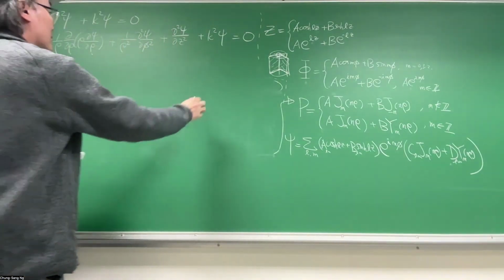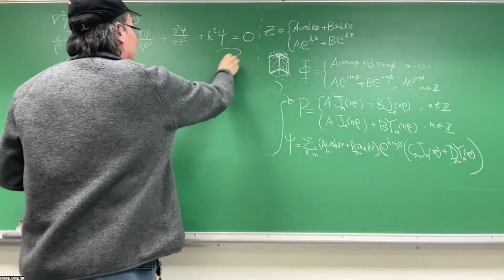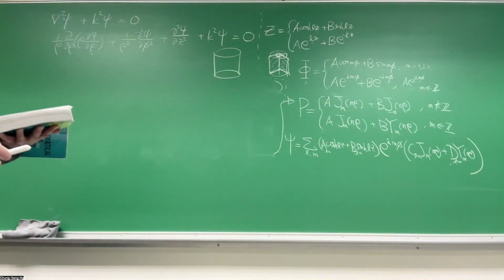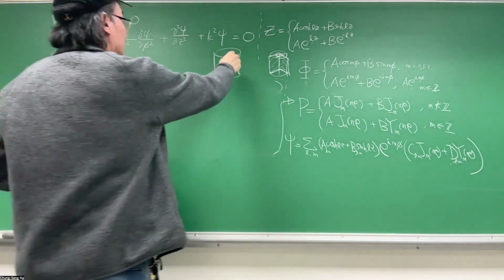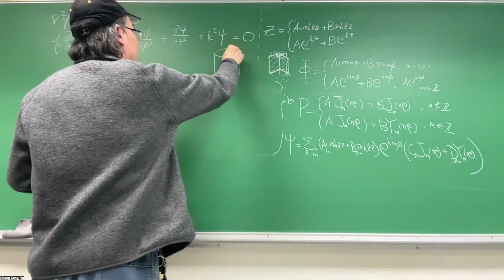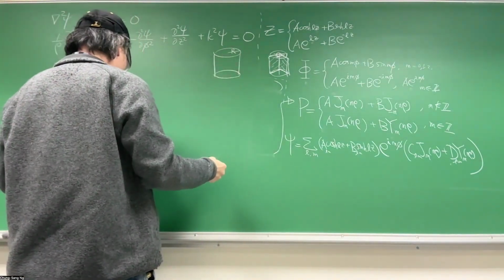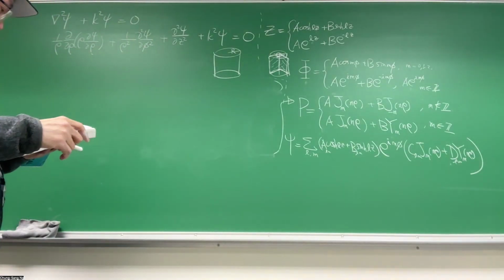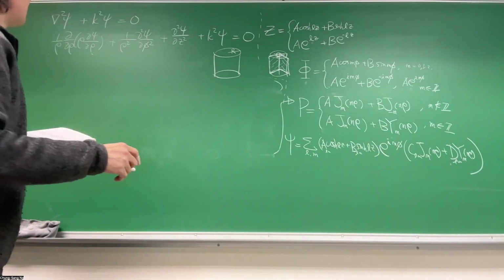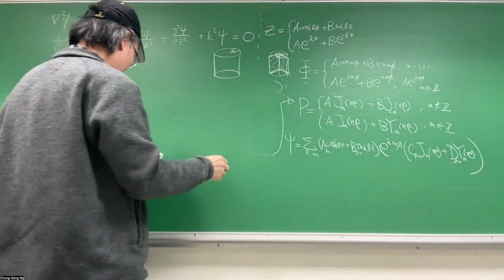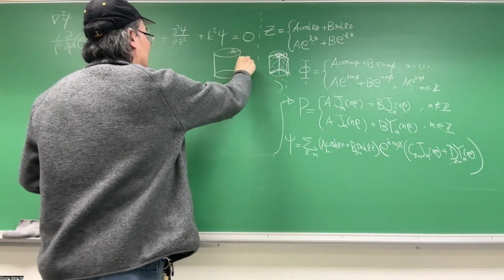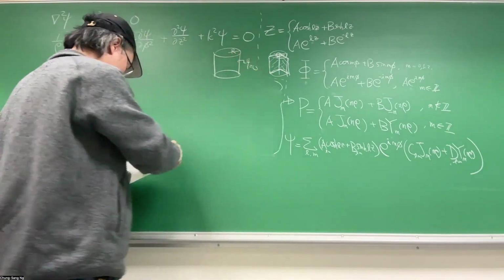And this way, the problem is just like a cylinder. It's a cylinder, and the radius of the circular cylinder is R, capital R, right? And it's an eigenvalue problem with the boundary condition of psi equal to 0 on all surfaces, all the surfaces are 0, right?